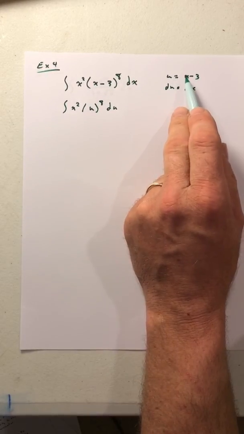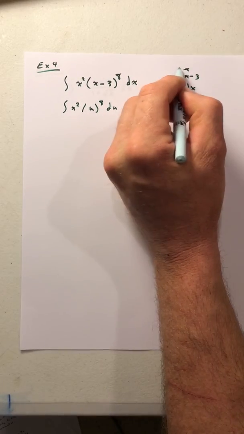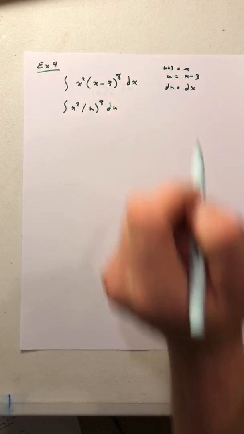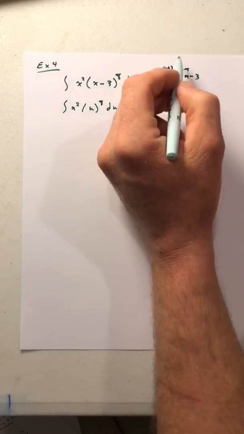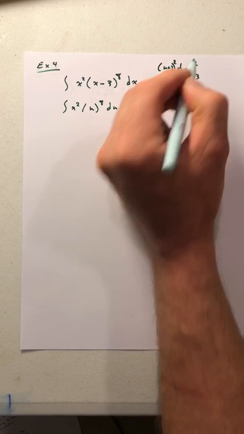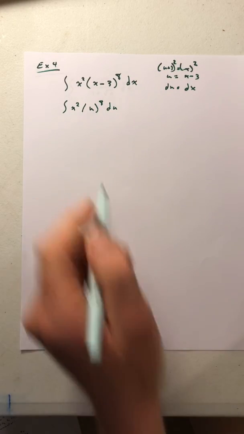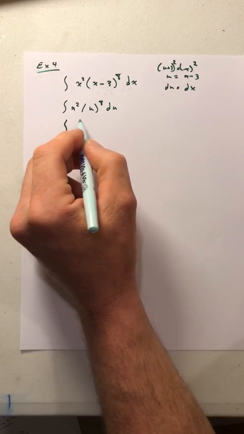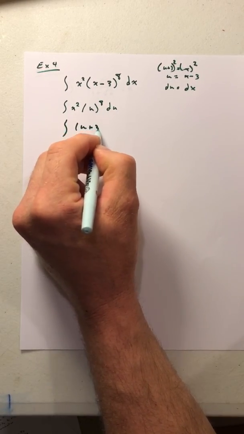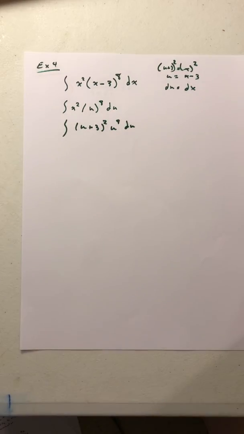We need a form of x squared. I don't have it. I know that x equals u plus 3. Well, if x equals u plus 3, I can square both sides to get an x squared. So I know that u plus 3 quantity squared equals an x squared. So my integration becomes u plus 3 squared times u to the 8th du.